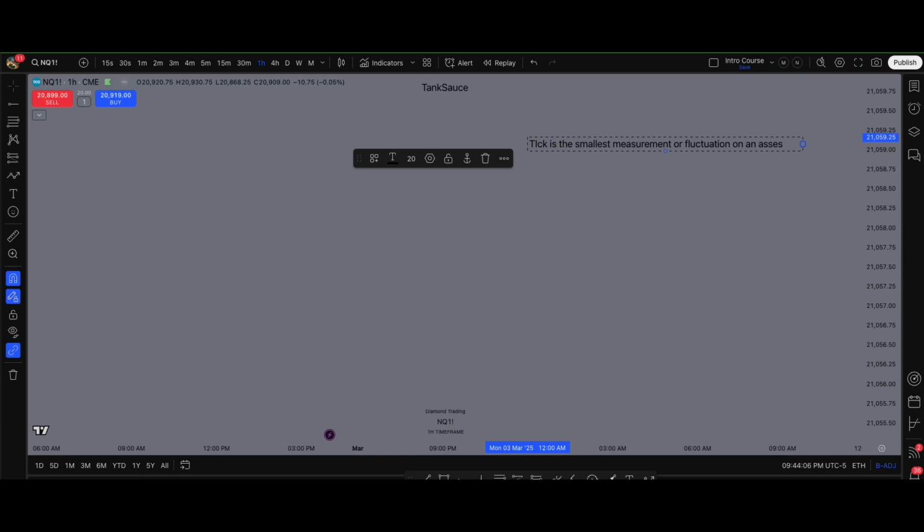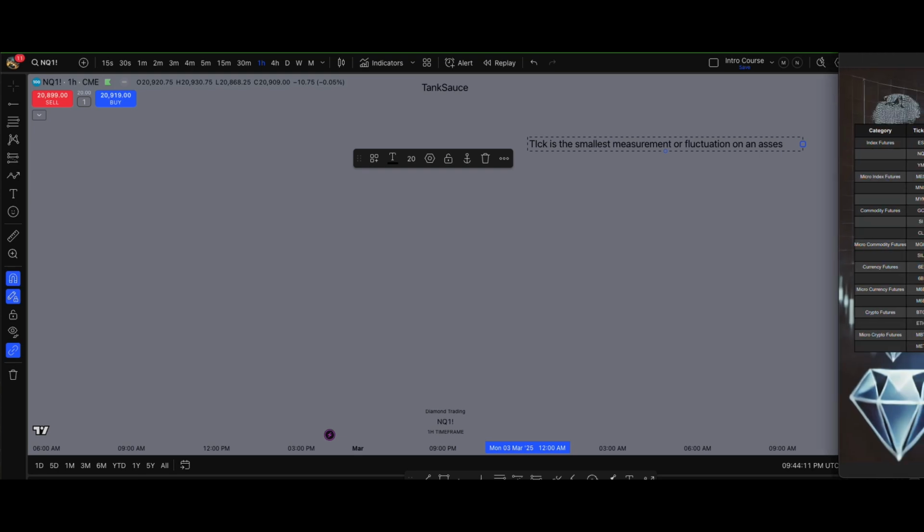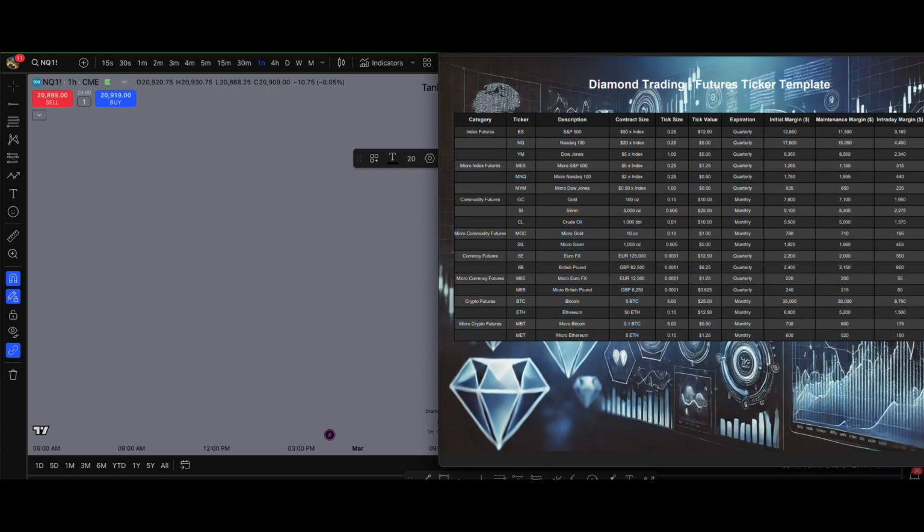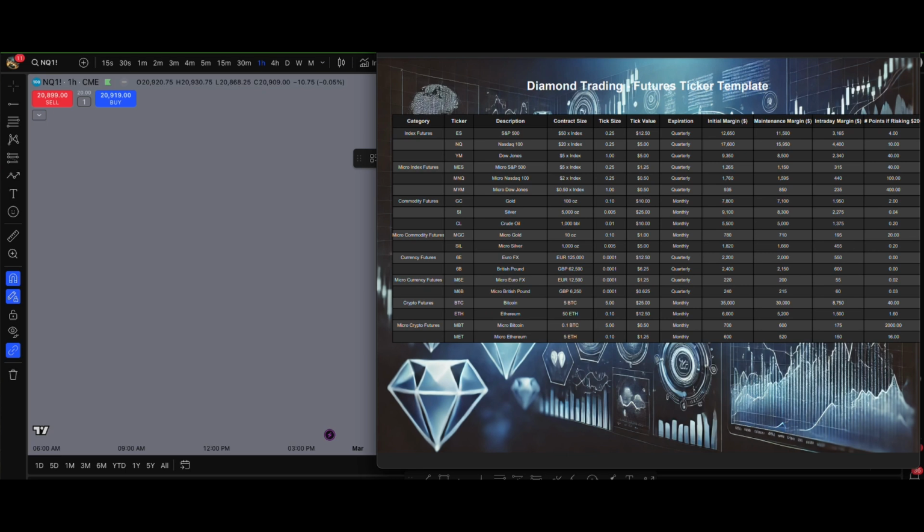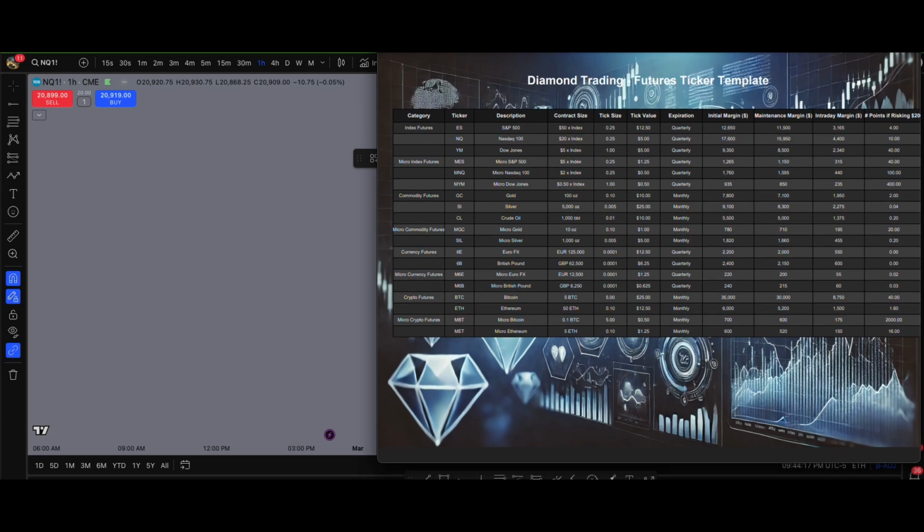Now, I'm going to drag this in here and show you the difference. You can see that on ES, the S&P 500, the tick size is 0.25.